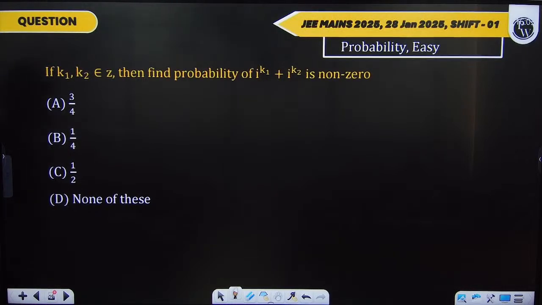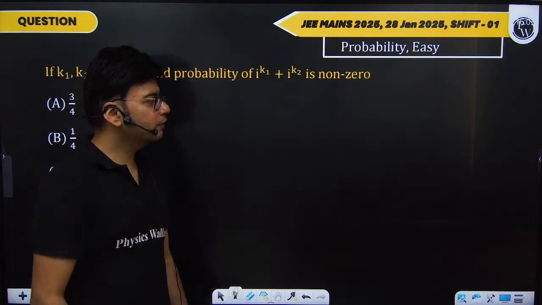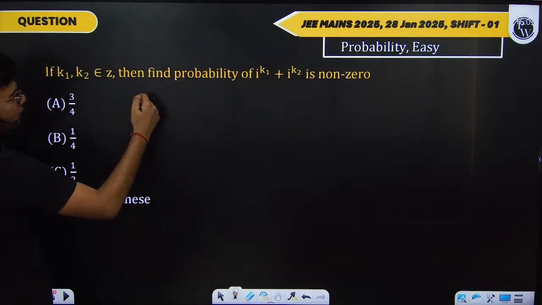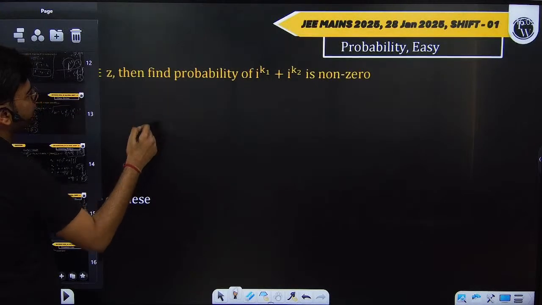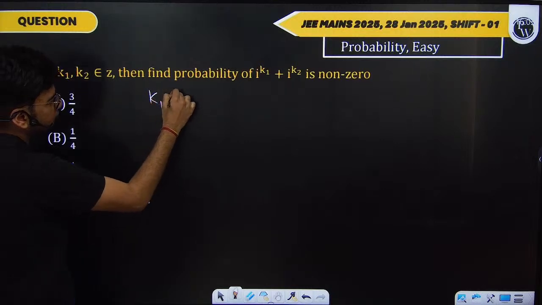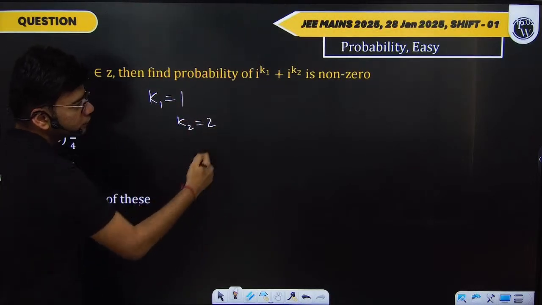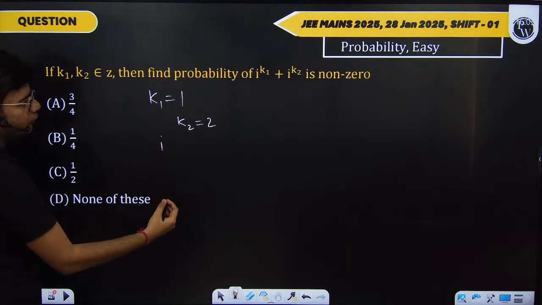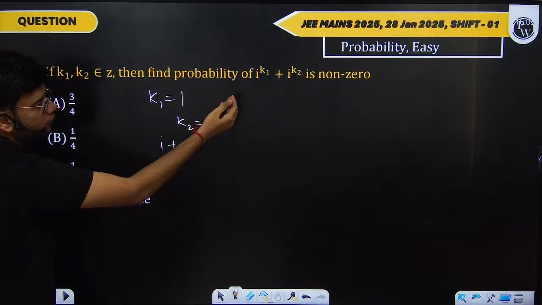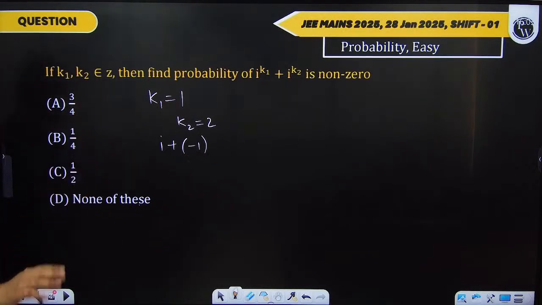Since you know the cyclicity of iota is 4, if you take any two consecutive values of iota, you will get these type of questions often. For example, if I take K1 as 1 and K2 as 2, what will you get? Iota plus iota square, which is minus 1, which is non-zero.